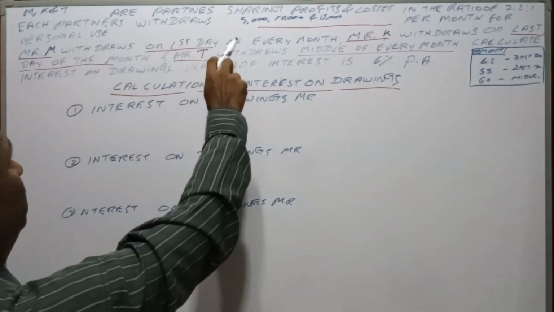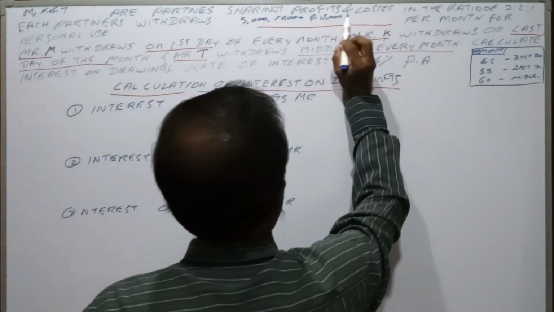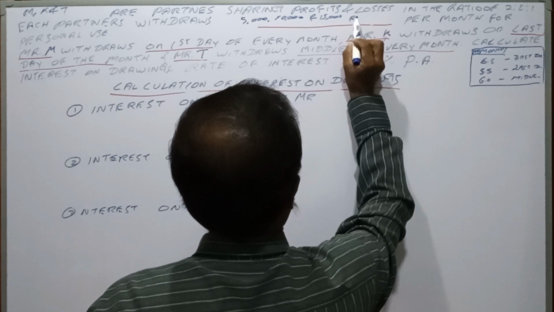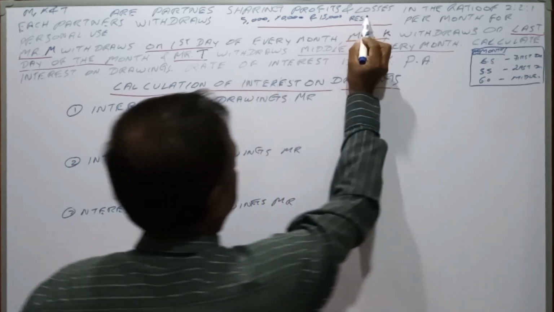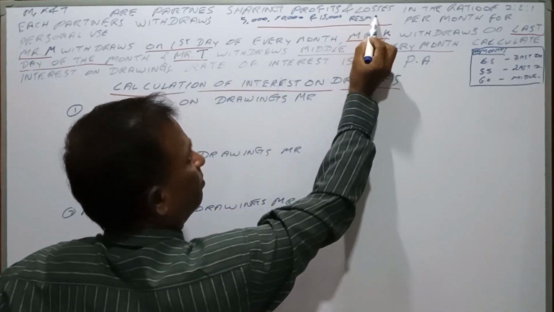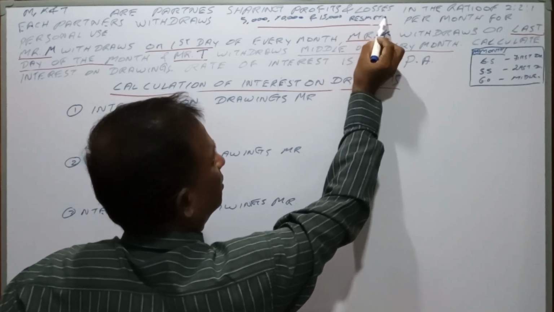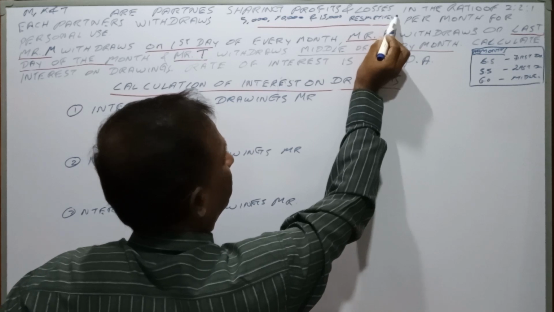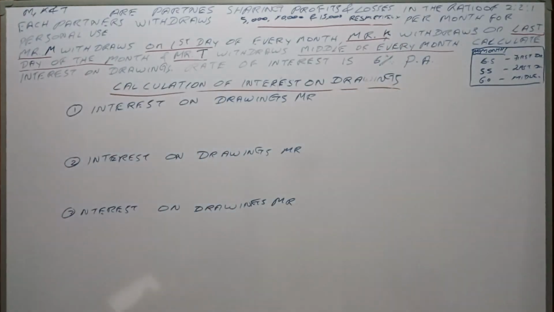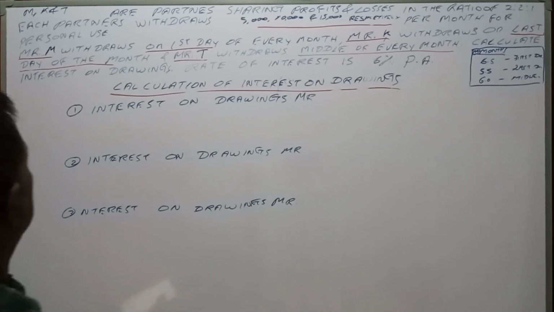Each partner withdraws 5,000, 10,000, 15,000 respectively per month for personal use, right?